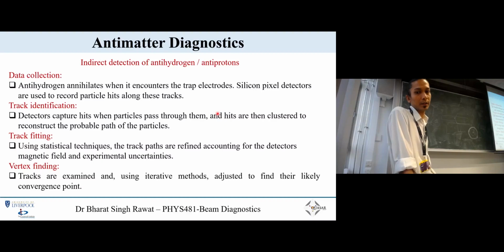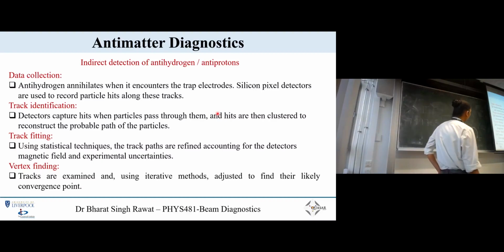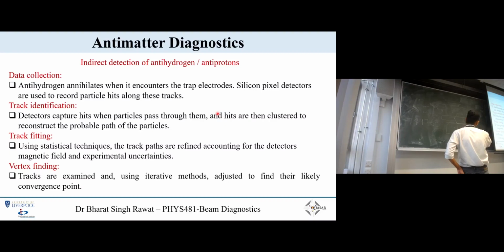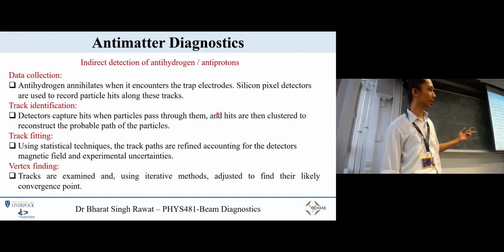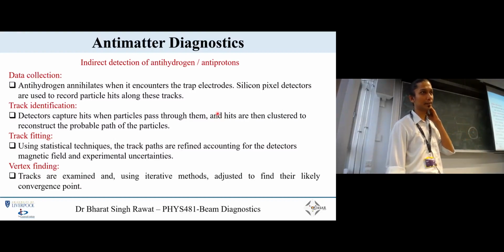Once you have ruled out all the other possibilities and have the probable paths, you use mathematical techniques to reconstruct the original vertex at which the annihilation must have occurred. That's how you detect the particles. You have to do it iteratively because it is a very intensive process, so you need a lot of data.